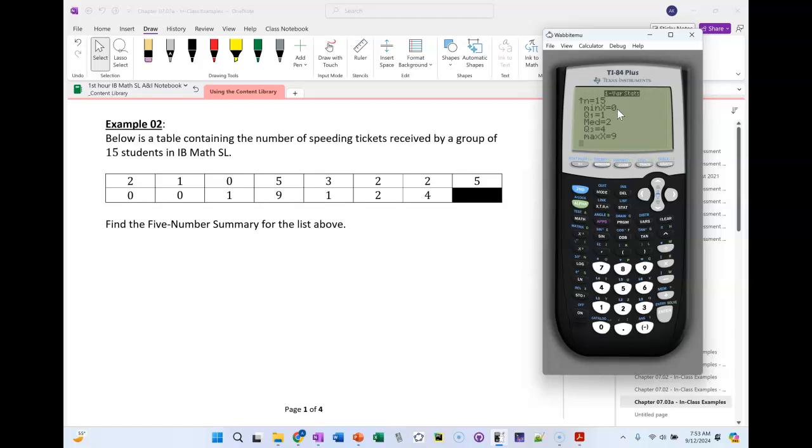So Q0 is 0, then we have 1, 2, 4, and 9 respectively. Everybody cool with how we got those? Just like the last 5 always. Those last 5 are the 5-number summary, yep.